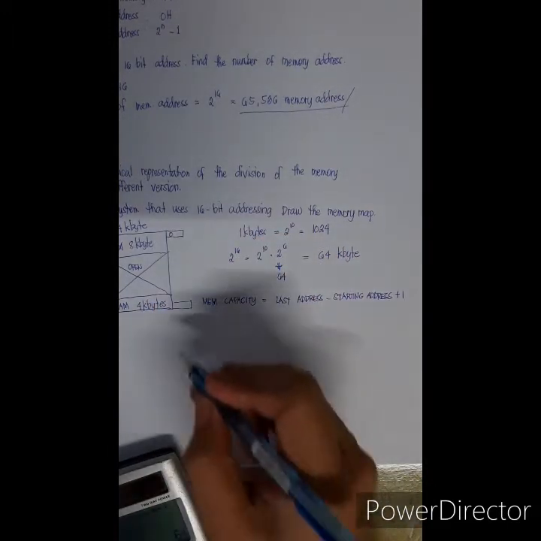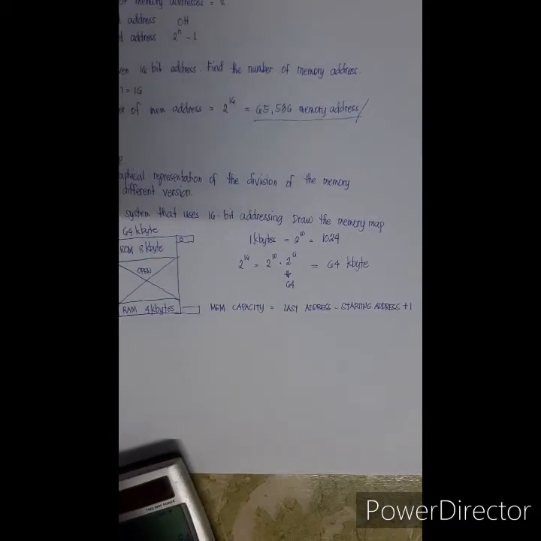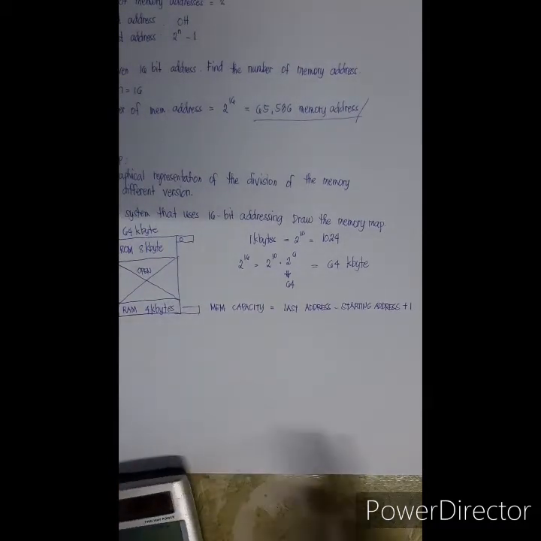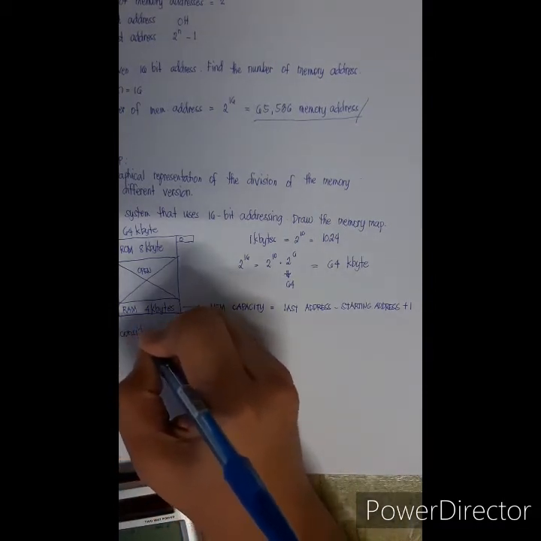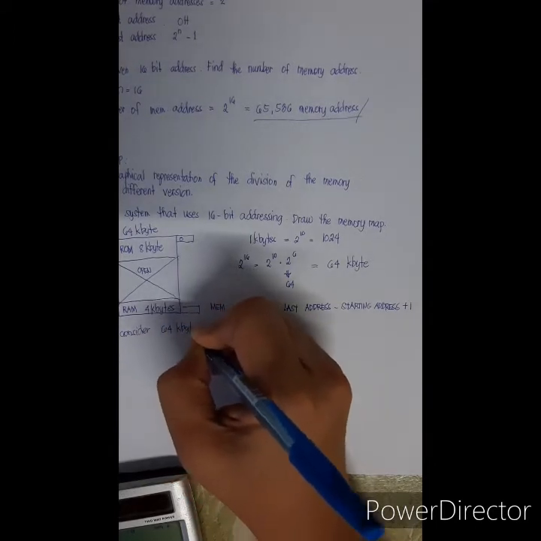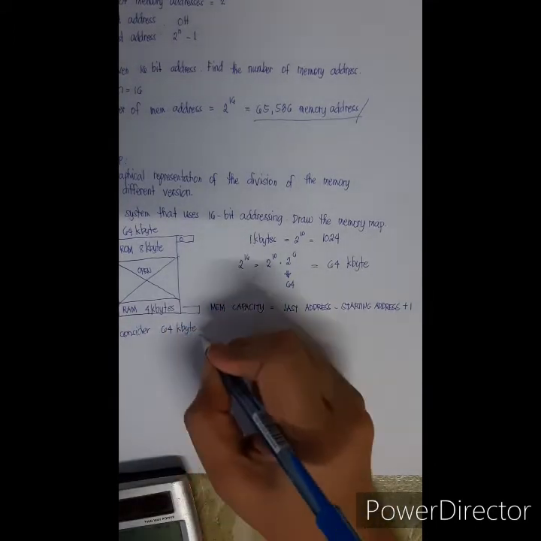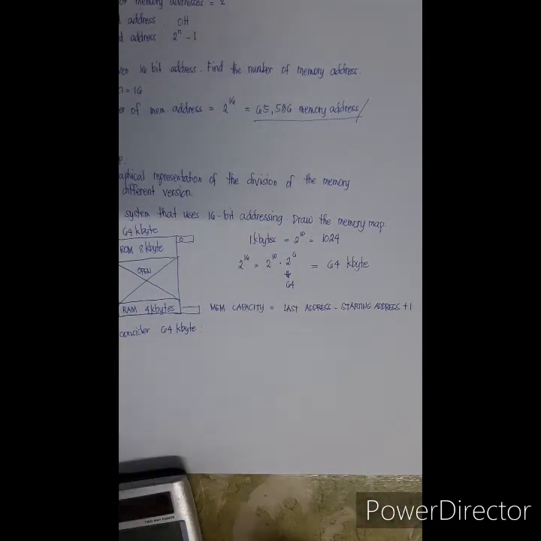Hexadecimal. And the last address would be equivalent to the highest address that we have. Okay? So, consider the 64 byte system. What would be the last address?